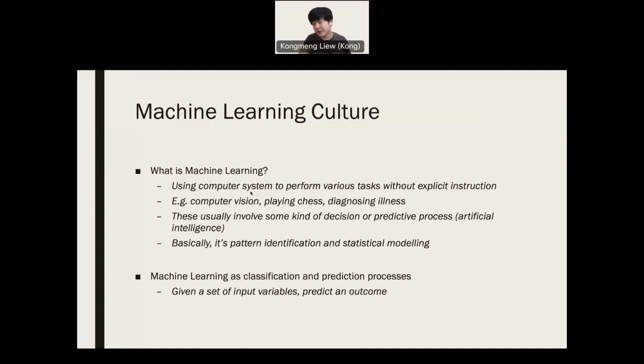But across all of these examples, the commonality is that machine learning usually involves some kind of decision or artificial intelligence-based predictive process. Basically, at its core, it's looking at a big set of data and identifying patterns, performing statistical modeling on it, and trying to, based on everything here, give you a classification or prediction on what it thinks someone should be or what it thinks the output should be.